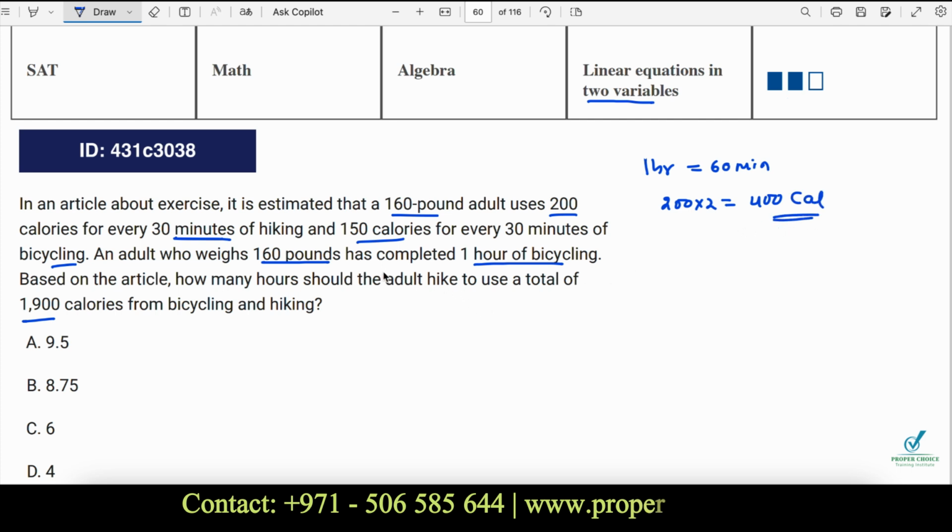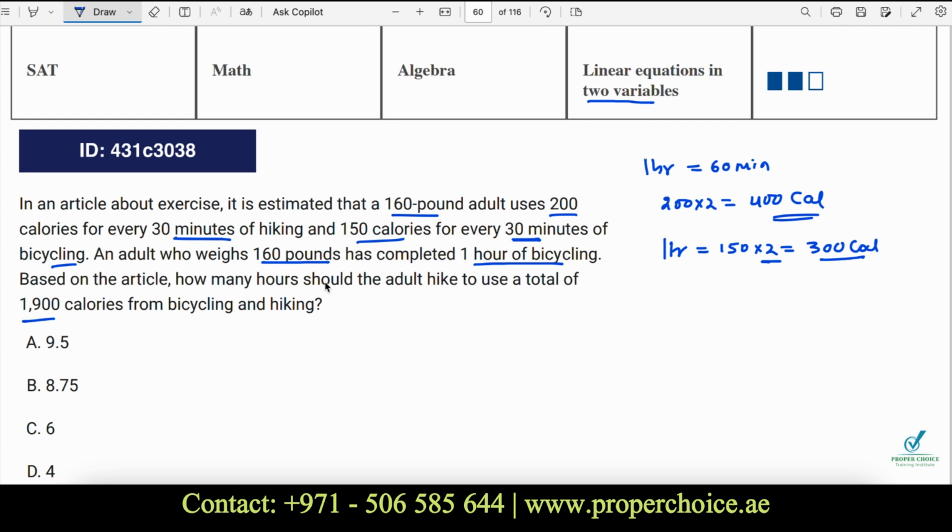They also said for bicycling every 30 minutes it is 150 calories. And how much is for bicycling for 1 hour? That is 150 times 2, which is going to be 300 calories. I am multiplying by 2 because we have 2 thirty-minute periods in 1 hour. So that's why we are getting 300 calories.